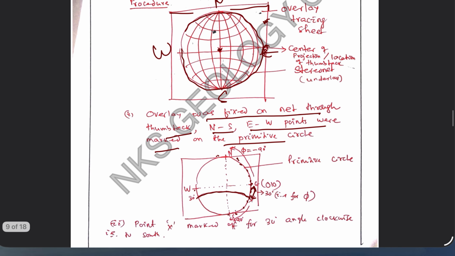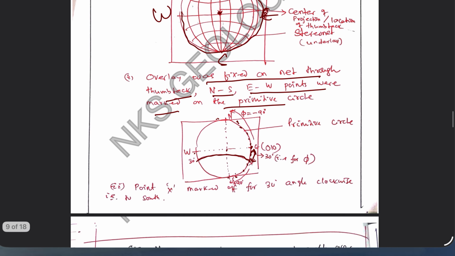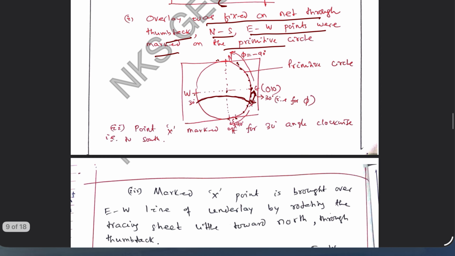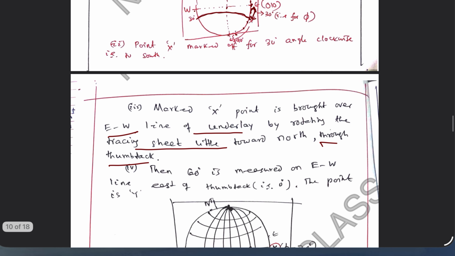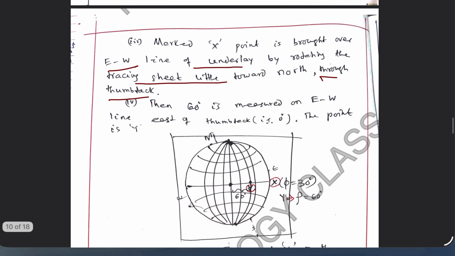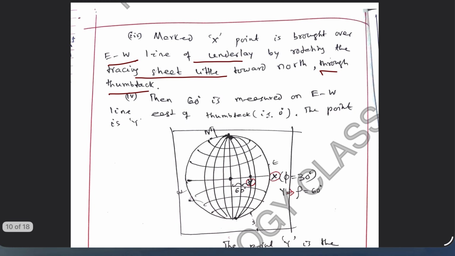Rho 60 means rho 0 is here, rho 90 is here, rho 60 will be somewhere here. So this point will have to be brought to the east-west line. The marked point X, which represents phi, is brought over to the east-west line of the underlay by rotating the tracing sheet a little towards north through the thumbtack. Then 60 degree is measured on the east-west line, east of the thumbtack, because here it is 0, here it is 90, so it will be somewhere here.